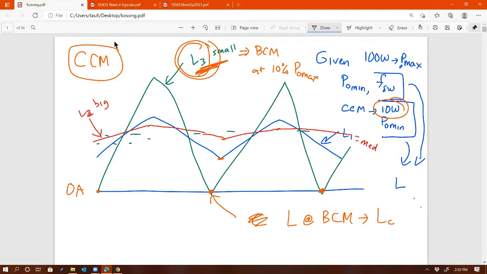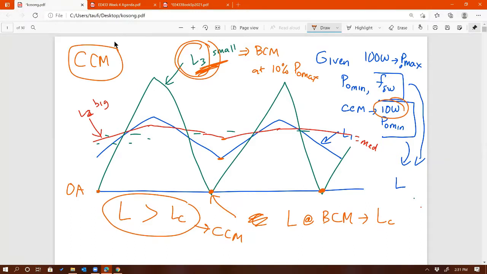Why is it useful to know critical inductance? Because if we can calculate that critical inductance, then it'll make it easier for us to choose the inductance value. Meaning, if I know L C, then any value larger than L C would give us CCM. You agree with that statement?